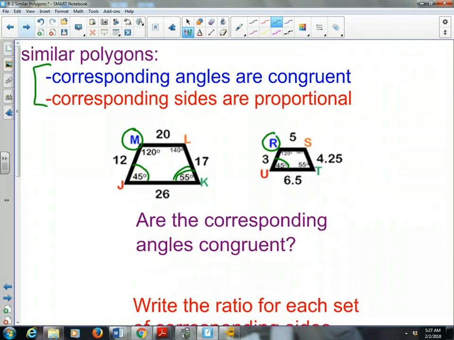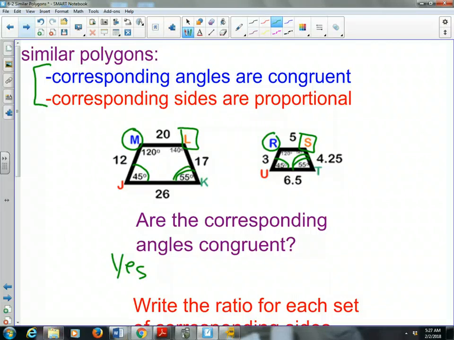K is 55, T is 55. And angle L over here is 140, and so is angle S. So are the corresponding angles congruent? We would say the answer is yes, because the corresponding angles are congruent from one polygon to the other.